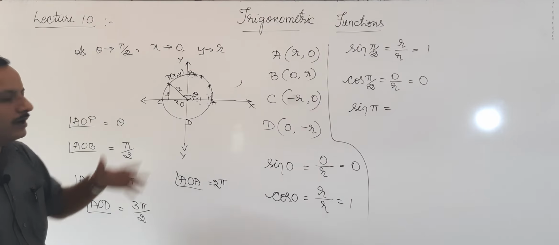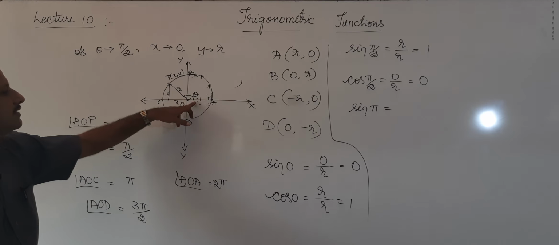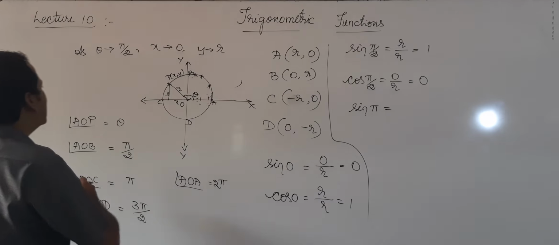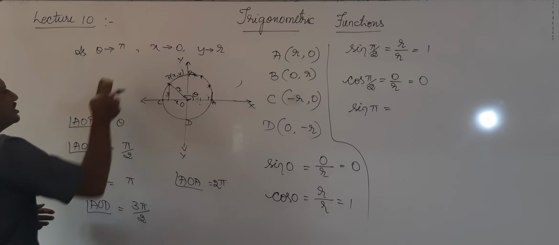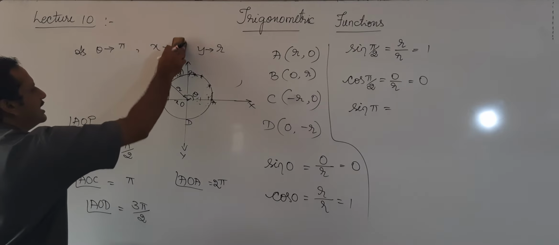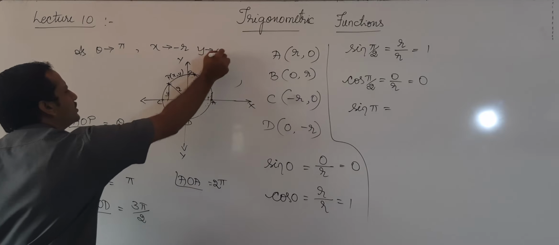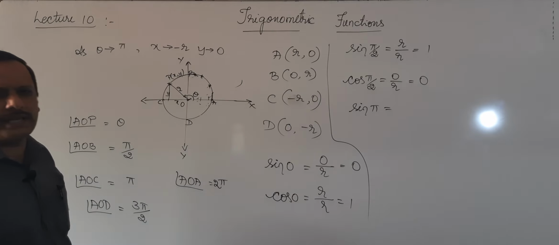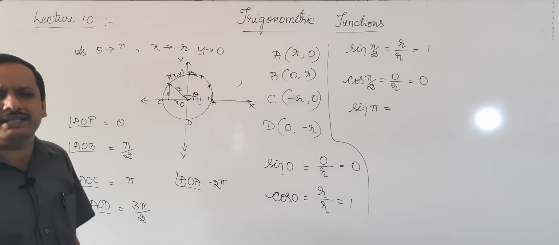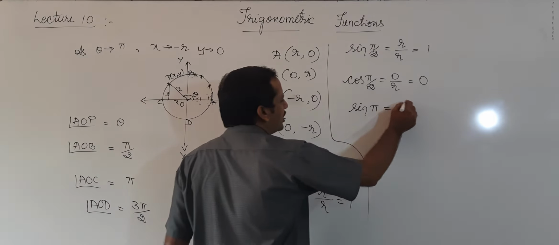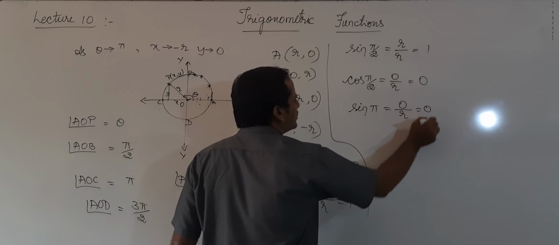The radius r will remain as r only. Sin theta is defined as y by r, y is tending to 0. So I will write like this: as theta tends to pi, x tends to minus r and y tends to 0. Therefore sin pi is nothing but, sin theta is nothing but y by r, y is 0. So 0 by r is equal to 0.